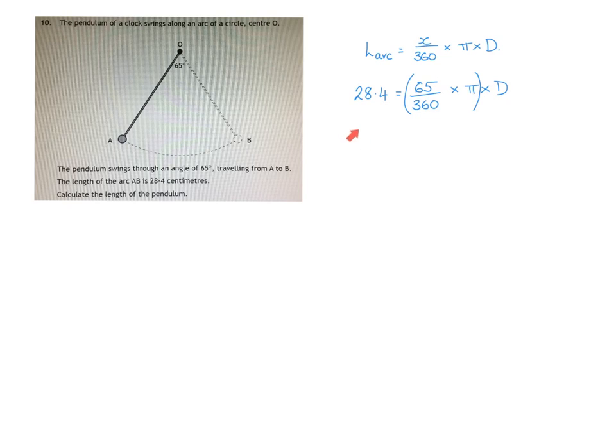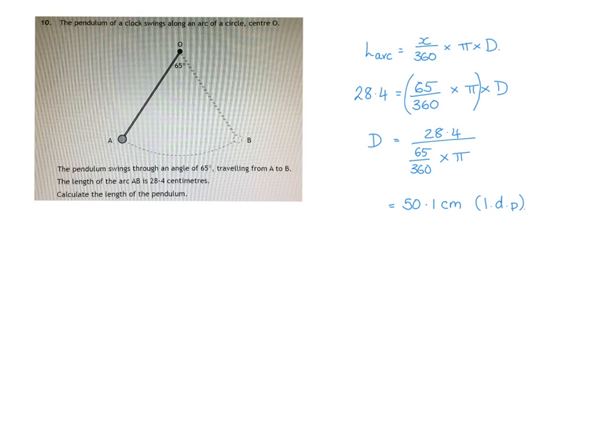So we can divide it over to the other side to get the diameter on its own. We get that the diameter is equal to 28.4 divided by 65 over 360 times pi. We put it into our calculators and we get 50.1 once we've rounded it, so 50.1 centimetres, to 1 decimal place.